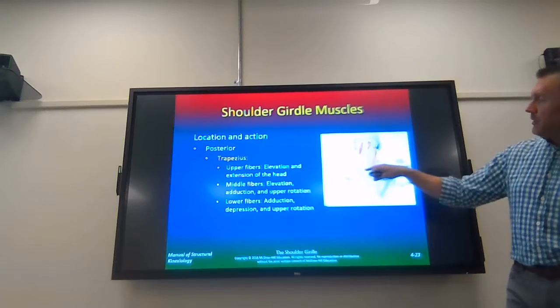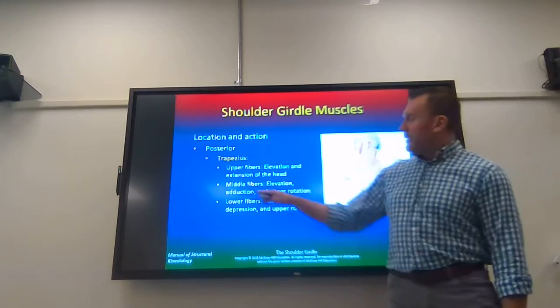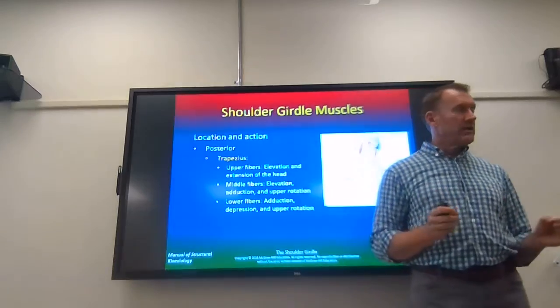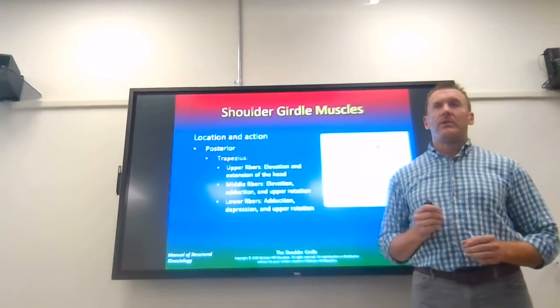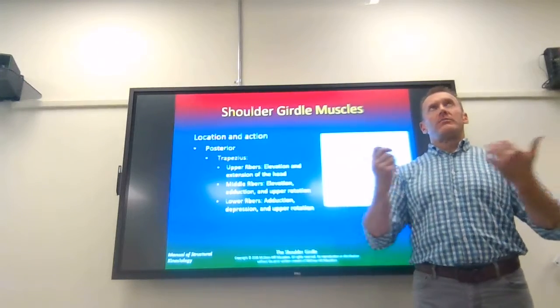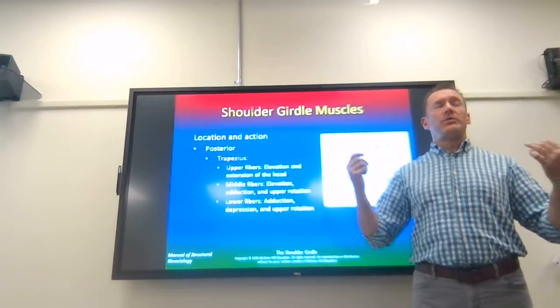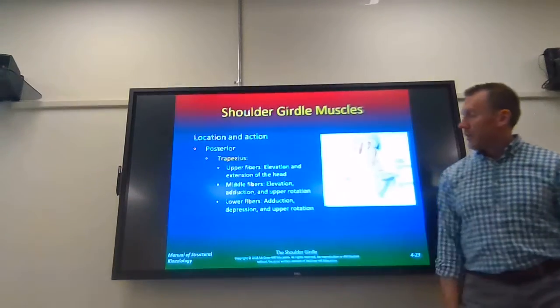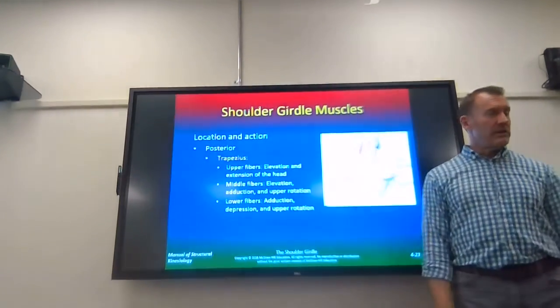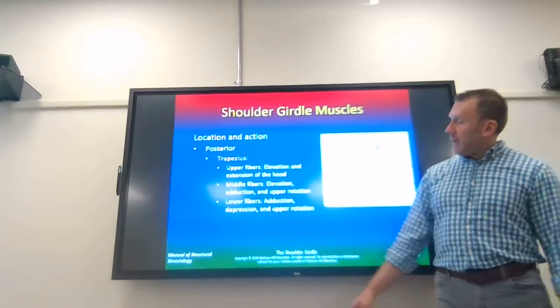Getting down here to the middle fibers, these fibers work strongly with the rhomboids for adduction, so retraction, just really pulling those shoulder blades in towards the spine. Middle fibers also do upward rotation as we studied yesterday.